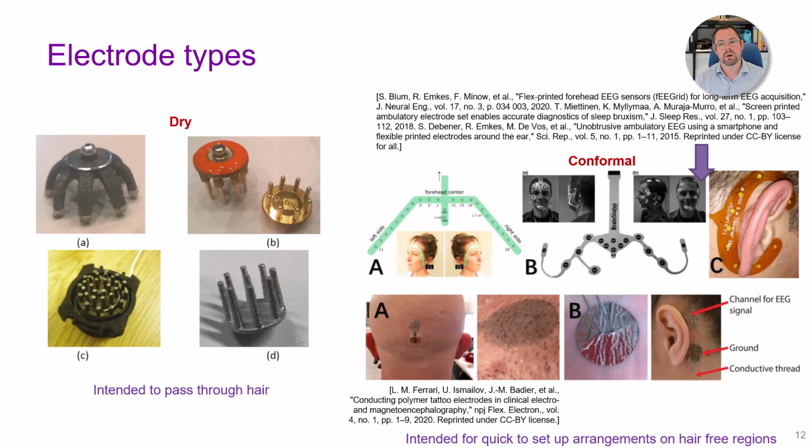These are very much at the research stage, and at the moment they're only really possible for hair-free regions of the head, but they present a very exciting future direction.